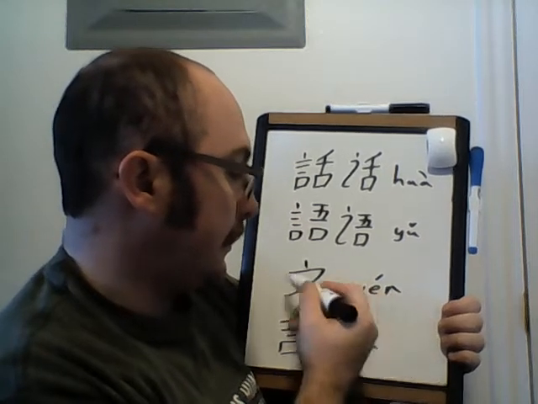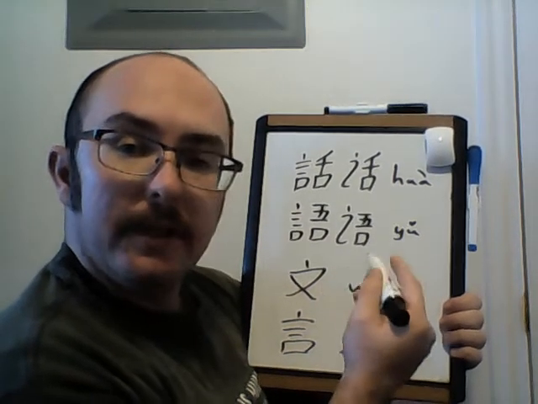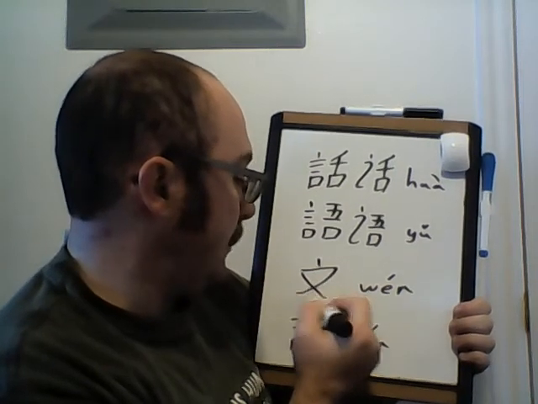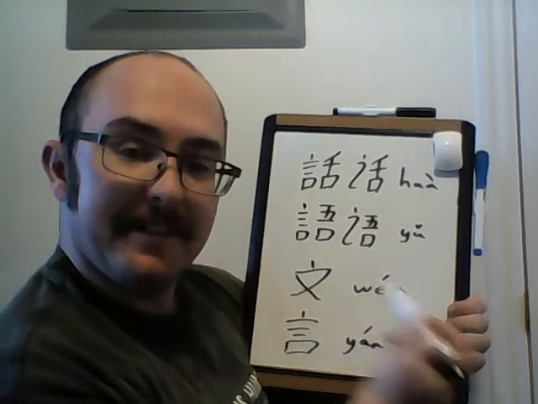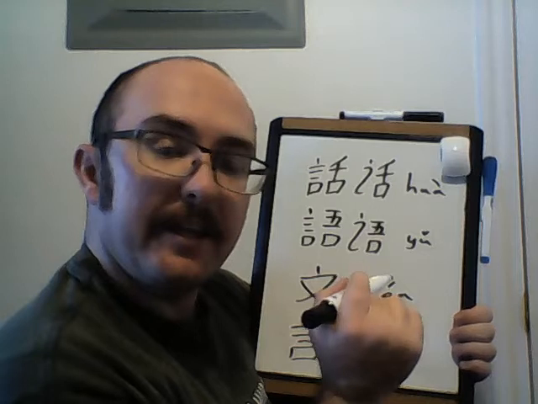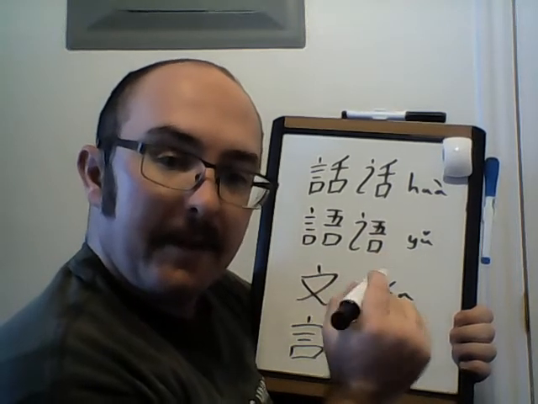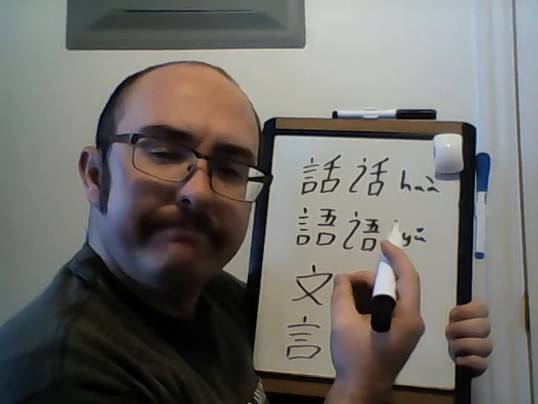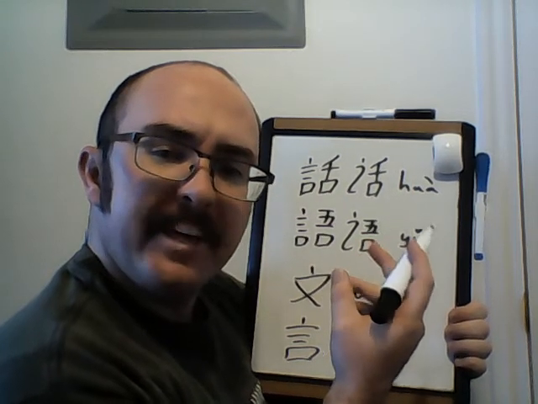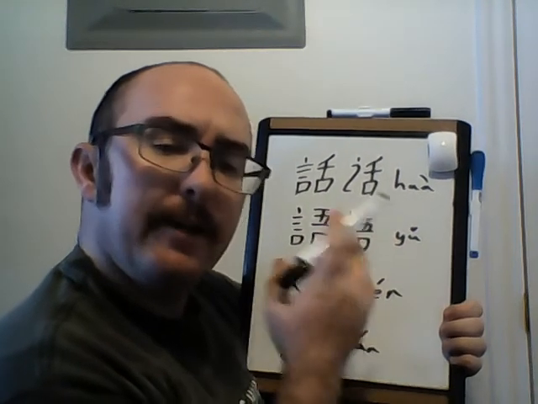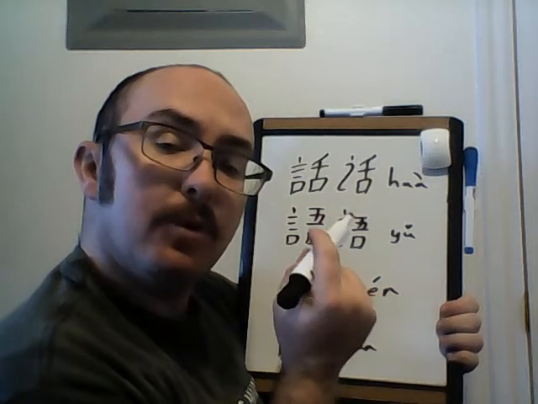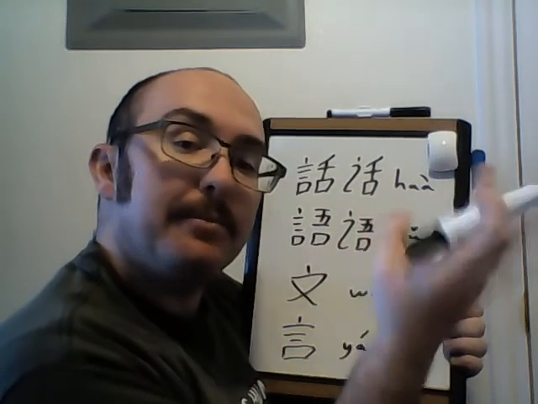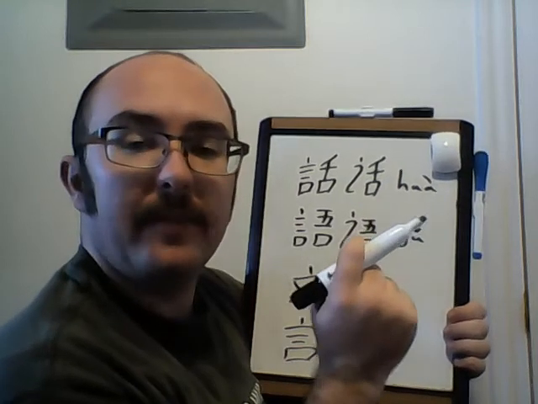Now, 文 tends to mean more, like 中文 is, this is 中文. It's the writing of that language. 语 implies more of a general language, whereas 话 is more colloquialisms, or just the things that people say, the way people say things.